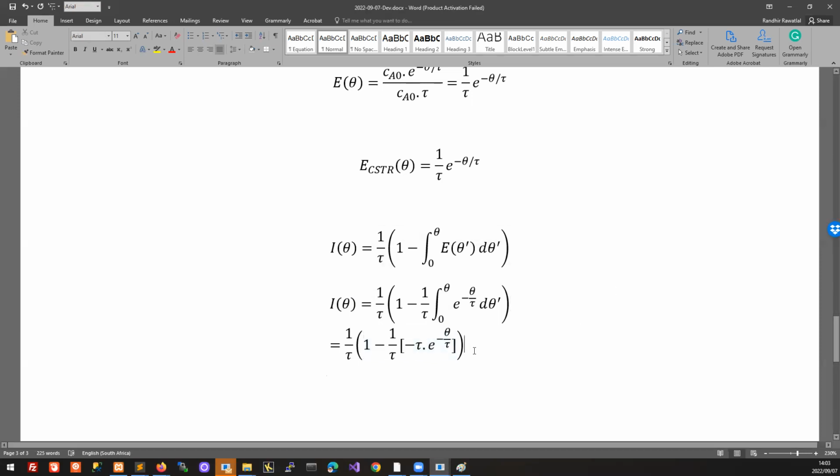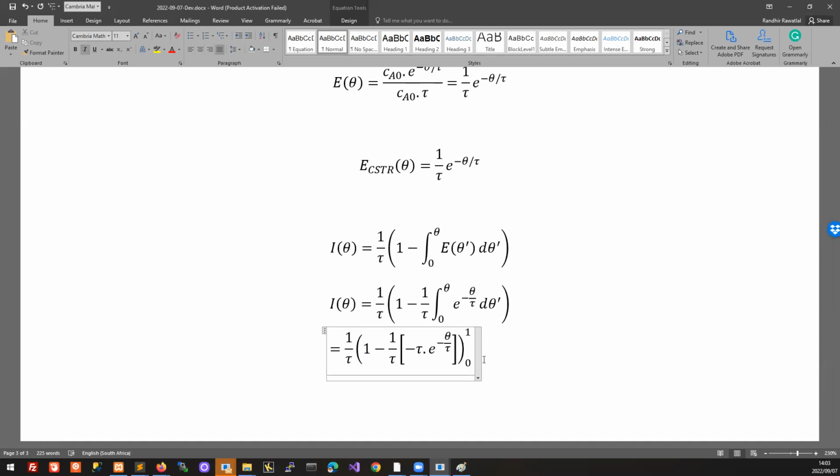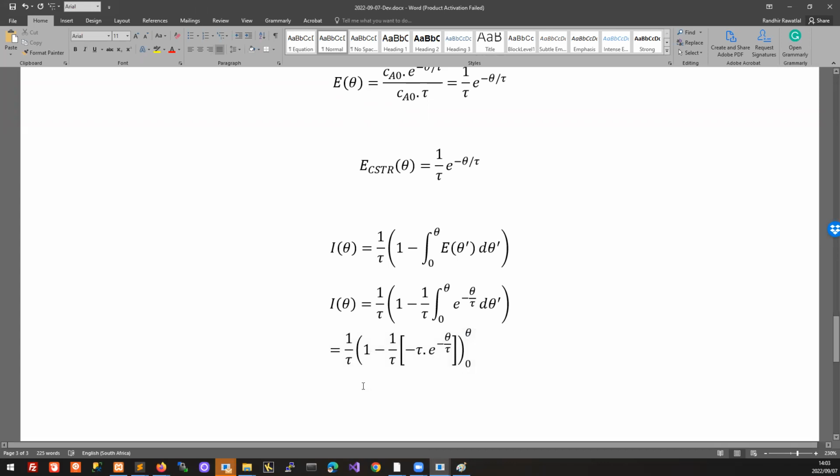And we are going between limits. The limits were 0 to beta, so from 0, and the upper limit was theta. Here it wasn't infinity. The upper limit was theta. So if we evaluate these limits, are there any simplifications?